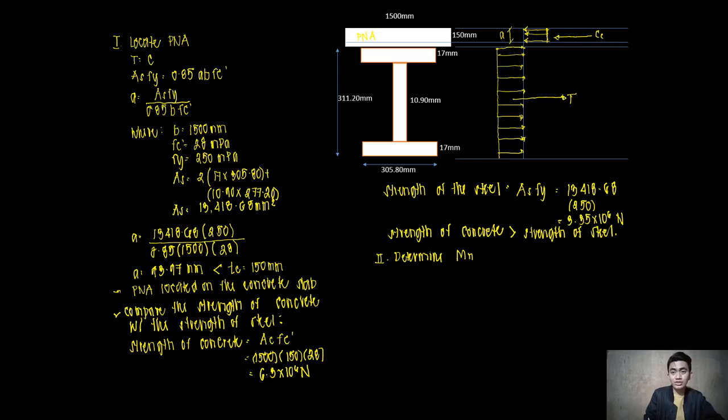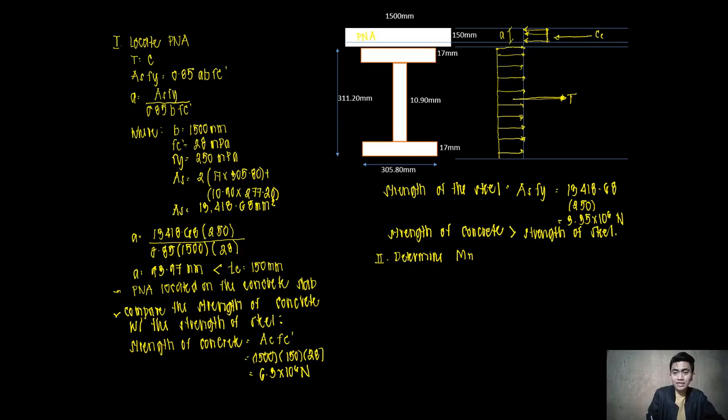Now for us to be able to do that, I need the vertical distance from the compressive force to the tensile force here. Take note that the tensile force and the compressive force are always at the center.